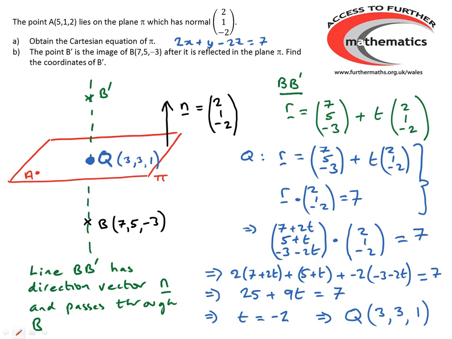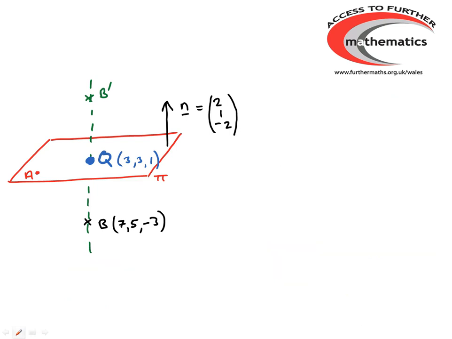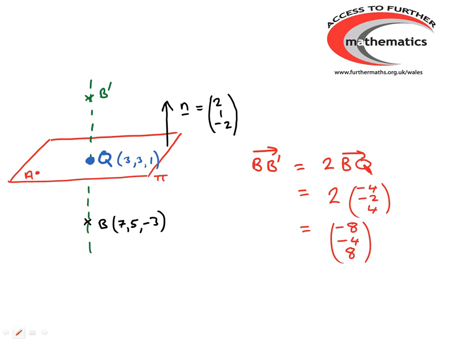To finish the question off, we now simply need to make the comment that the movement from B to B' is twice the movement from B to Q. The movement from B to Q, well, in the x direction we start at 7 and we finish at 3, so that's a movement of minus 4 in the x direction. Start at 5, end up at 3 is a movement of minus 2 in the y direction.